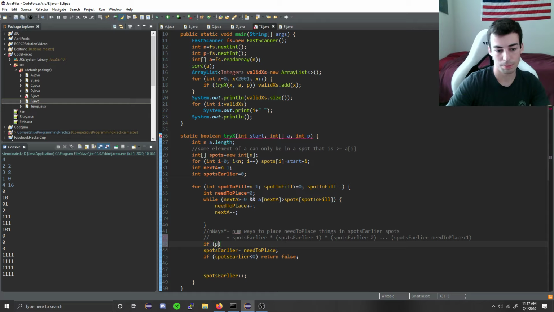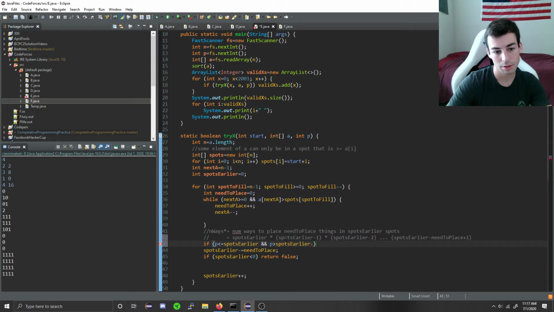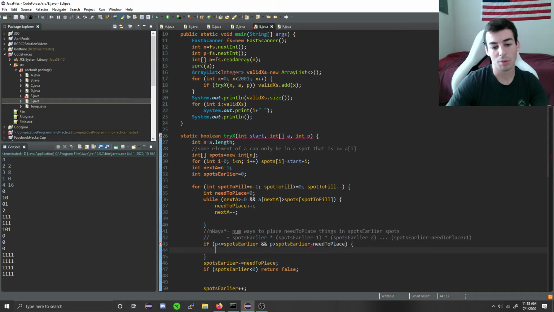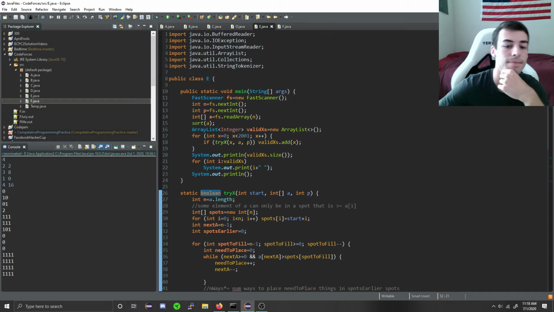So if p is less than or equal to spots earlier, and p is greater than spots earlier minus need to place, then we'll multiply a factor of p into our answer. So the answer is going to be false. If we never multiply a factor of p in, this is just going to be the product of a bunch of numbers, in which case we can return true.